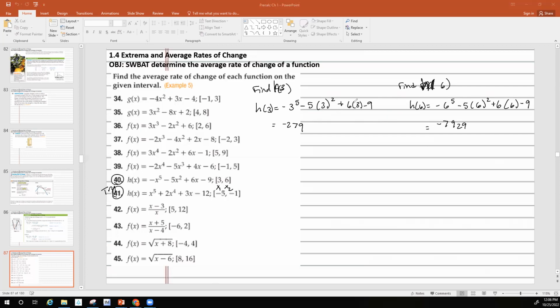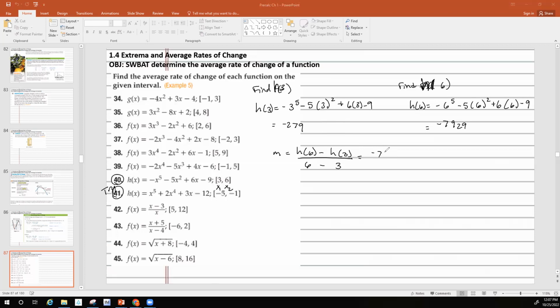All right. So now we're going to plug that into our formula. So our slope is h of 6 minus h of 3 over 6 minus 3. And there you go.